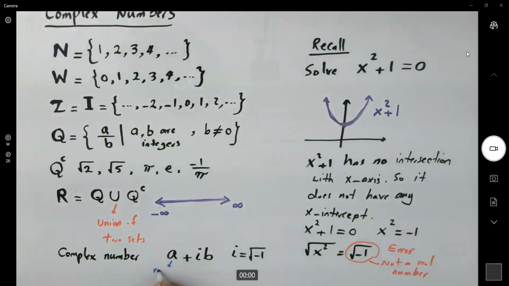A is real, b is real, but I is square root of -1. So we started by defining natural numbers, then we moved to whole numbers, integers, rationals, irrationals, reals, and finally, complex numbers.